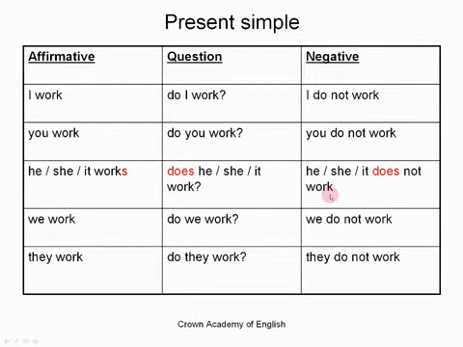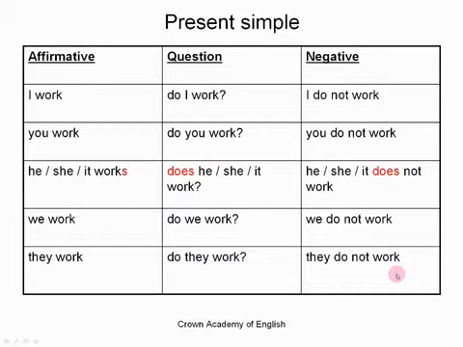So we say he does not work, she does not work, it does not work. Okay, so there's no S at the end of work. It's he work, he does not work. Now going on to the we form. So we work becomes we do not work, and they work becomes they do not work.